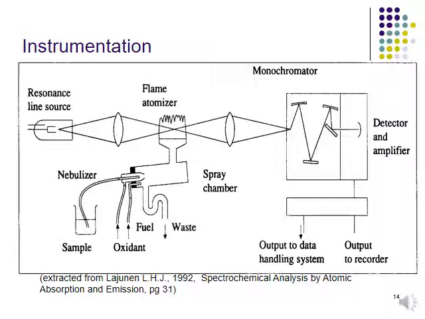After that, it passes through the monochromator, and in this monochromator it will pass through many lenses, and after that it will go to the detector and amplifier. Why do we use an amplifier? Because certain analytes cannot be detected at very low concentration, so it does require an amplifier to make the signal bigger.